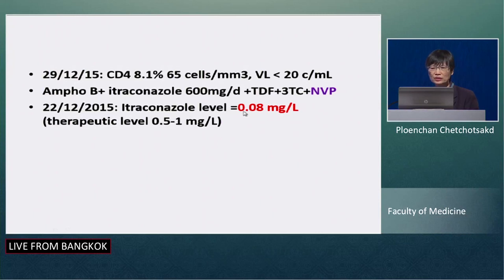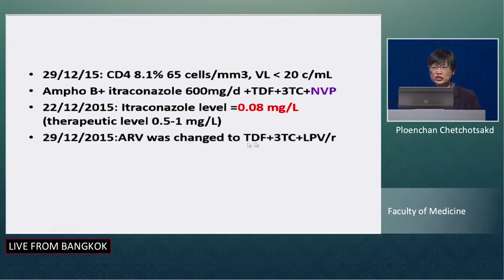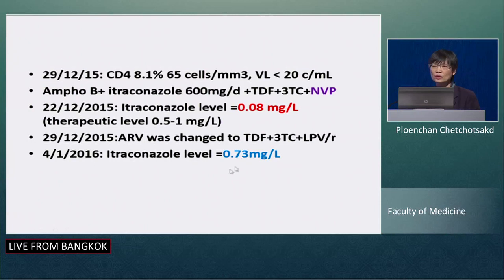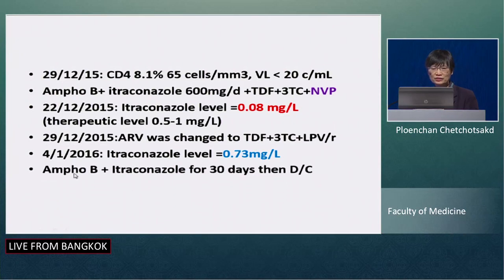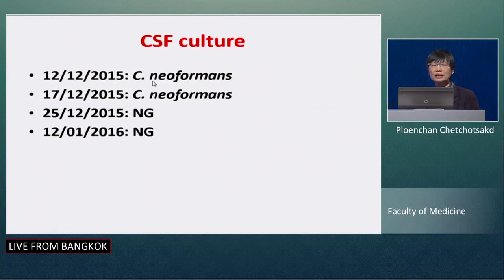The level is only 0.08 milligram per liter, which is under therapeutic level. So we changed nevirapine to lopinavir, and then we checked the level again, it is 0.73, so it's in the therapeutic range. And he received amphotericin B with itraconazole for 30 days and then was discharged. And this is the culture negative before discharge.